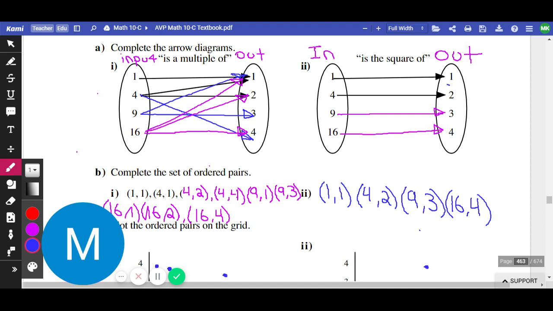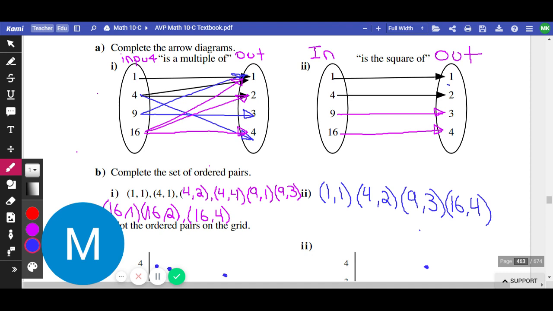This thing is a function because every input has one output. If I say, all right, the input is 4, you know what the output is. It's 2. There's no debate. It's the only output that comes with it. If this thing's a function, this thing's not a function.